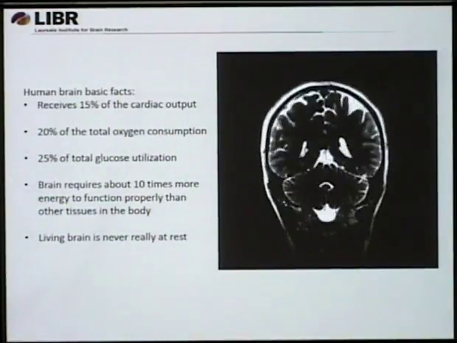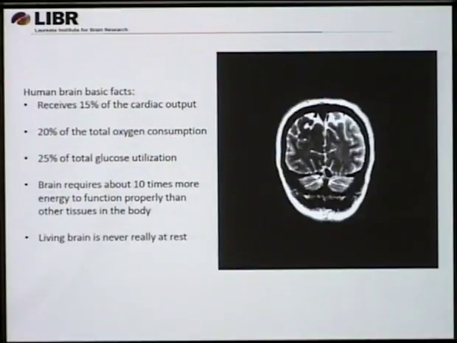Again, basic facts about the brain. Because it takes a lot of energy, there is a lot of blood inside the brain. It receives 15% of the cardiac output, meaning a lot of blood is coming to the brain and then leaving it. The brain consumes a lot of oxygen, about 20% of the oxygen consumption.